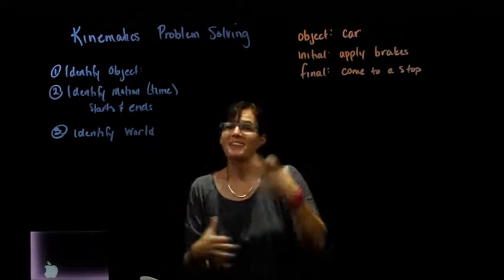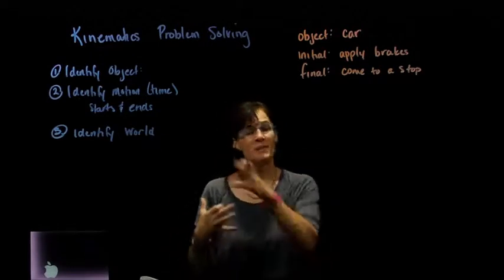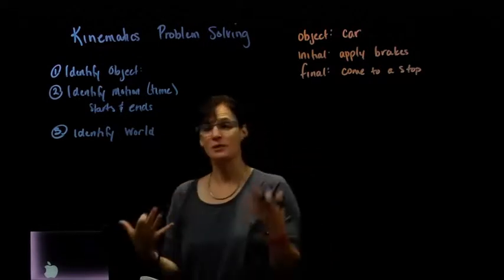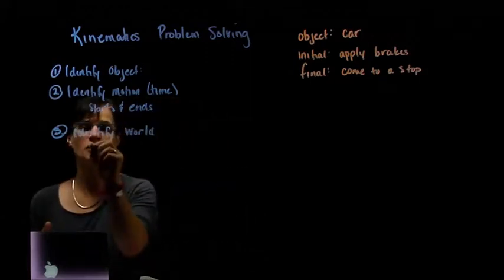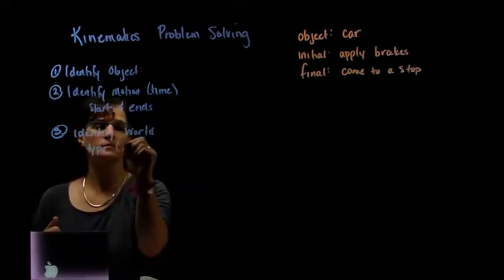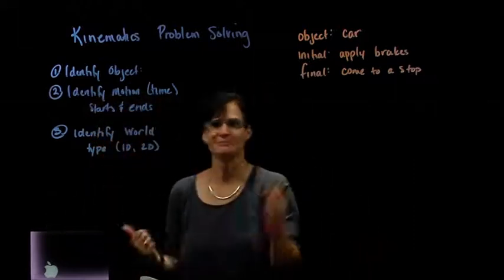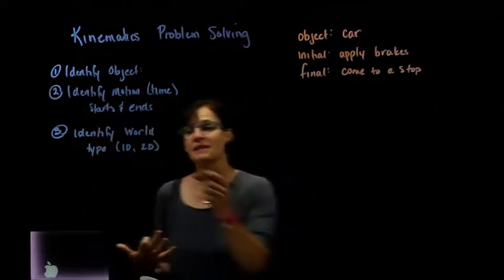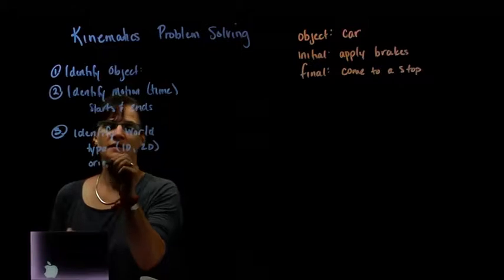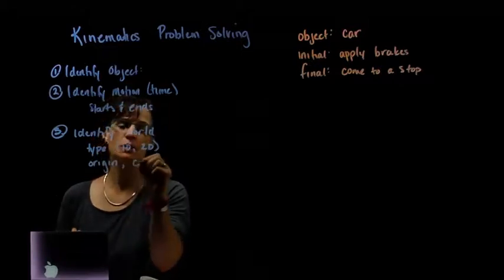And we haven't gotten all those nuances yet, but this is where that will happen. So thinking about the type of motion, 1D or 2D, and we'll get to 2 dimensions later, and the origin, and the coordinate system.